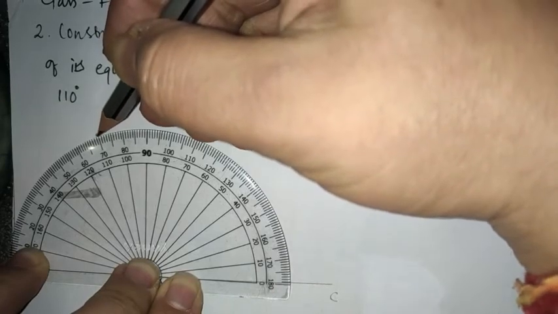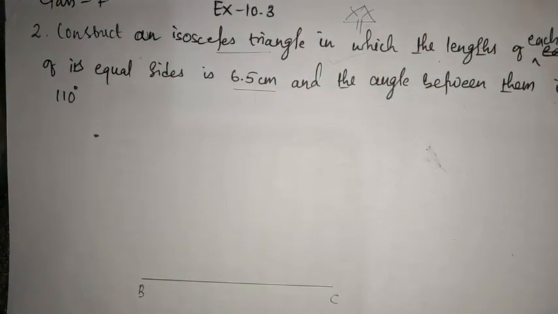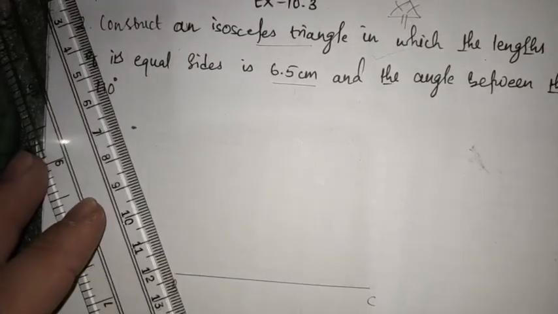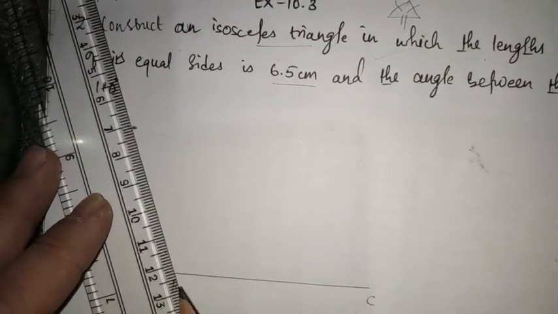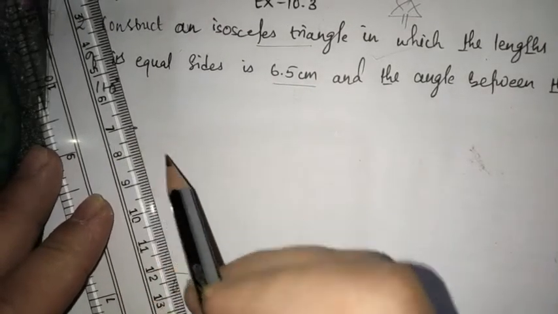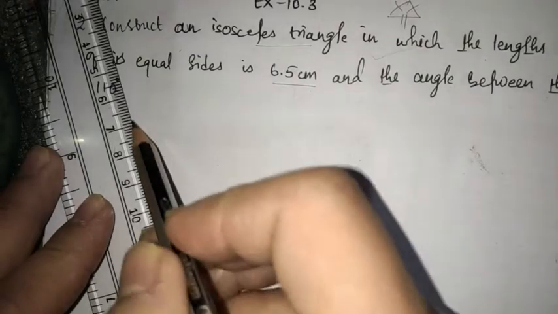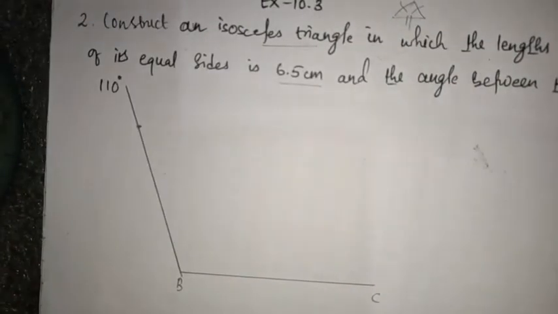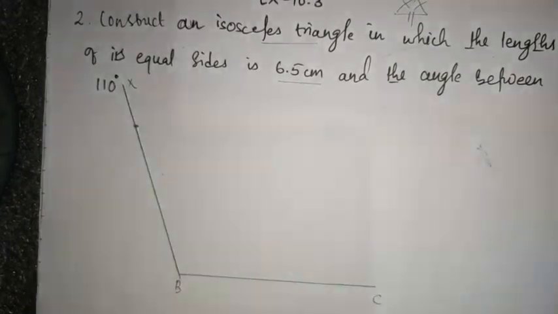Just see. Yes. So now what you have to do is draw a line crossing this point. Alright, so by making a line, now give a name X here.